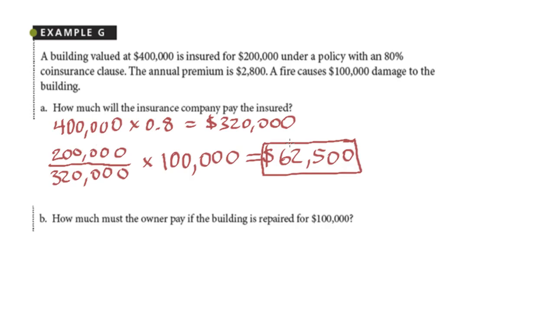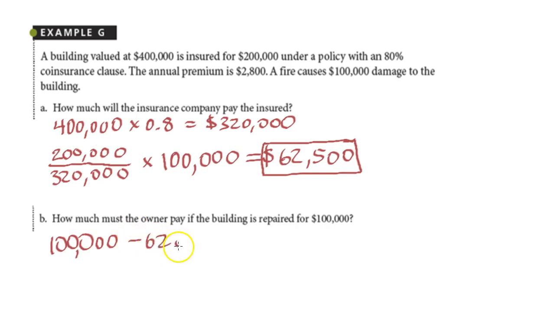So that takes us into part B, which is step 4. We want to determine how much the owner pays, which is step 4 in the previous slide, or in that green rectangle. So if there's $100,000 of damage, how much is the owner going to pay? Well, it's the difference between 100,000 and the amount the insurance is going to pay.